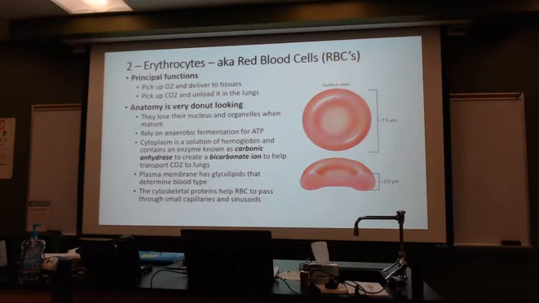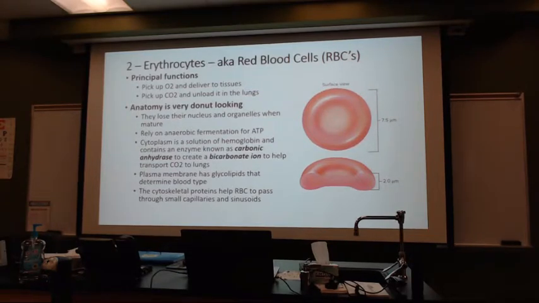A lot of times when we think about those gases of the body, oxygen, CO2, we tend to think that they're both transported on that red blood cell. They can both be transported, but the most important one is the oxygen. Okay?